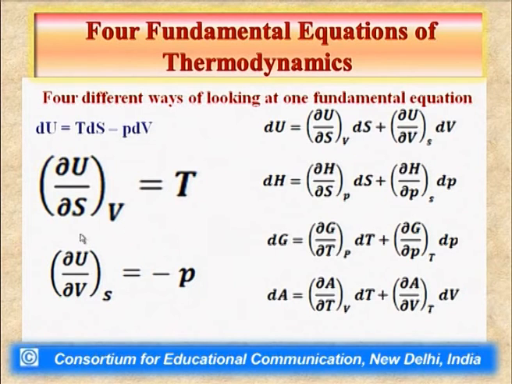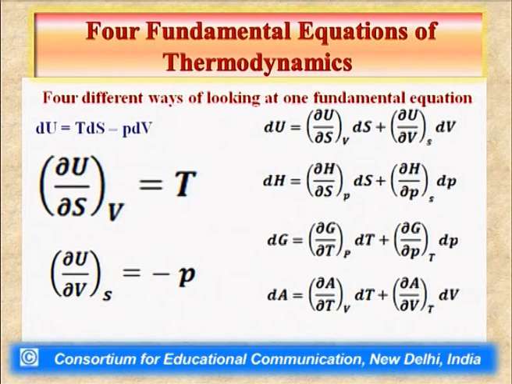So, on the left hand side, the two differential coefficients which are written are related to one state variable, and they help us to determine how the internal energy changes with change in entropy under isochoric condition. For any system which is maintained at a fixed temperature, if entropy increases, then since temperature is a positive value, internal energy will also increase if the volume of the system is kept constant.